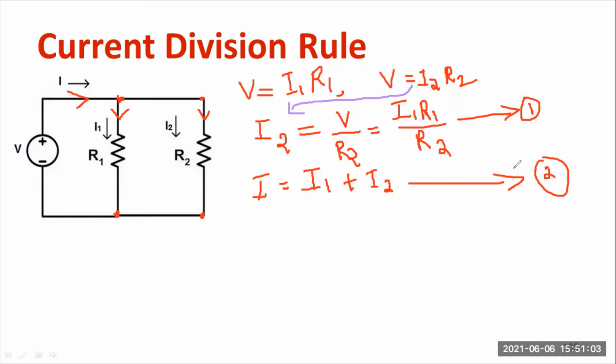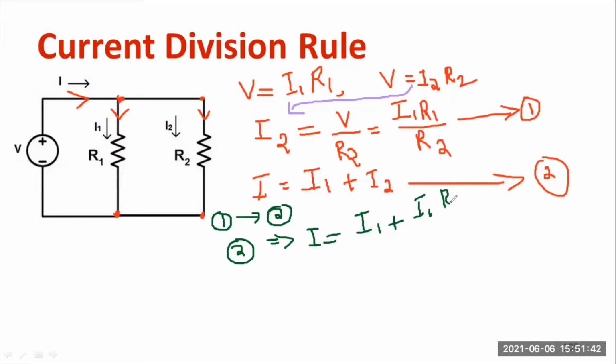Next you have to do one job. Substitute equation 1 into 2. You can see equation 1. Now I'll be substituting equation 1 into 2. So let me write equation 2 implies I is equal to I1 plus, instead of I2, I am going to write I1 R1 by R2.